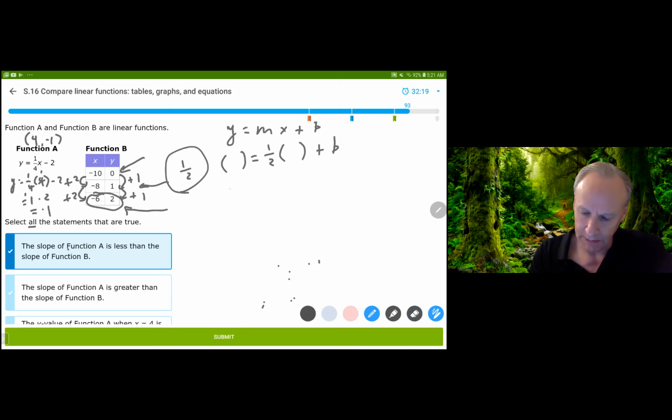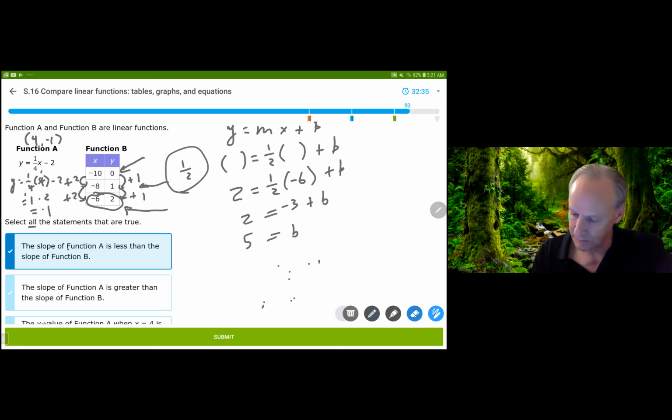So I have y is positive 2, x is -6, and I am going to multiply that. That's -3 plus b is equal to 2. So b is equal to 5. So my equation for function B is y equals 1/2 x plus 5.